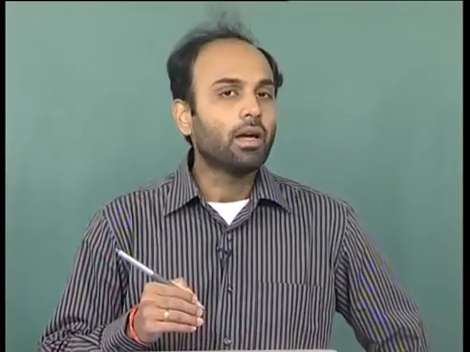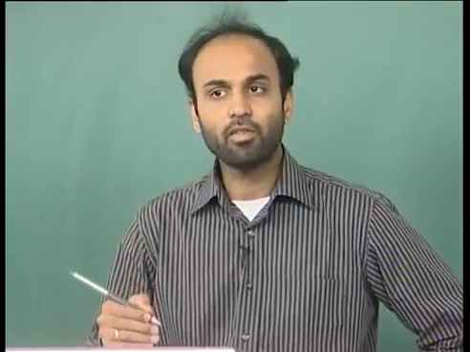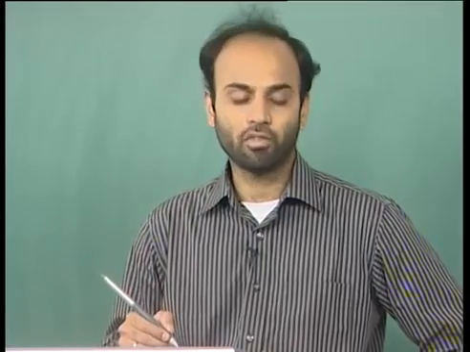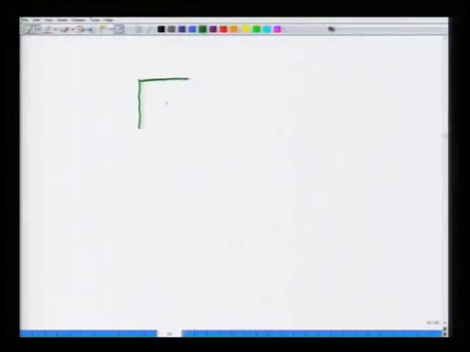Let me illustrate this through a simple schematic, rather than going into a detailed analysis of what diversity is all about. But before doing a detailed analysis, let me just give you an outline. Currently, in a wireless communication system, we have a transmitter, which we denote by Tx, and then we have a receiver.